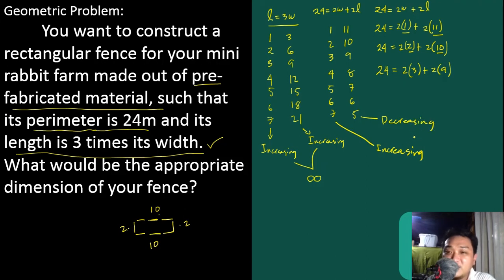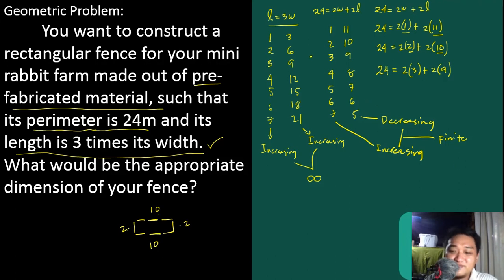It tells us kung yung isa increasing, yung isa decreasing, na yung kanyang magiging solution is finite or definite. Meaning, may katapusan yung solution niya.